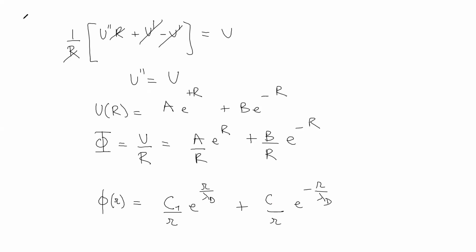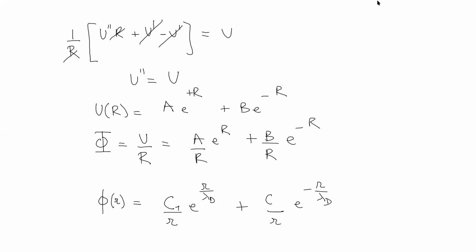So we need boundary conditions. The boundary conditions are of two kinds. I need the long range or far field boundary condition, and I need a near field boundary condition. So what do you think about the far field boundary condition? It's pretty obvious. It vanishes?